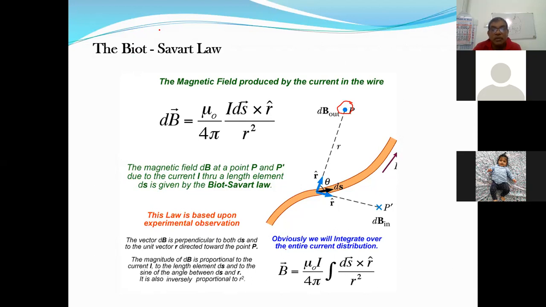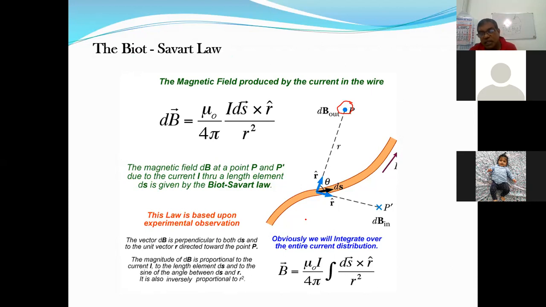So suppose we want to get some other combinations, some applications. This is due to a small segment or small element.